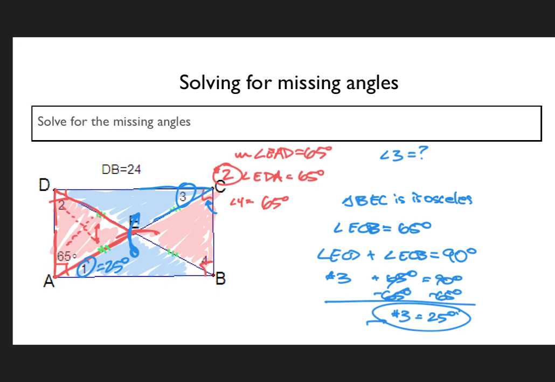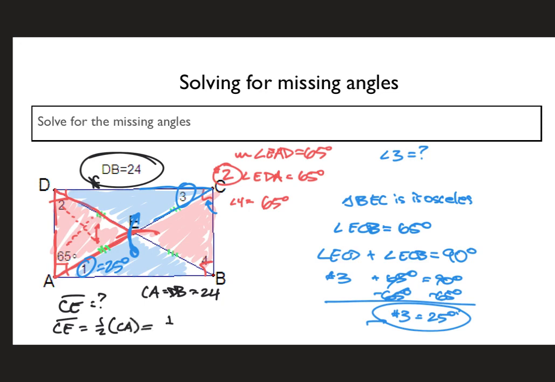And so we can do some other things too. They give us DB here. Let's switch to black real fast. DB is 24. Well, you might get a question saying, well, if DB is 24, what is CE? What does that equal? Well, if CA equals DB, and they both equal 24, CE must be half of CA, which is half of 24, which is 12.